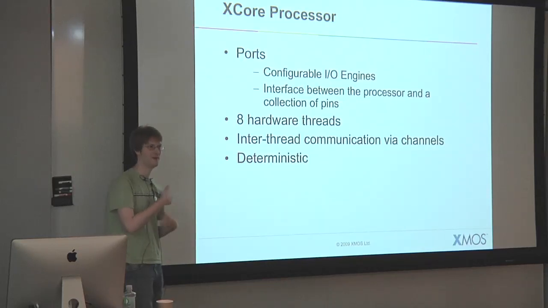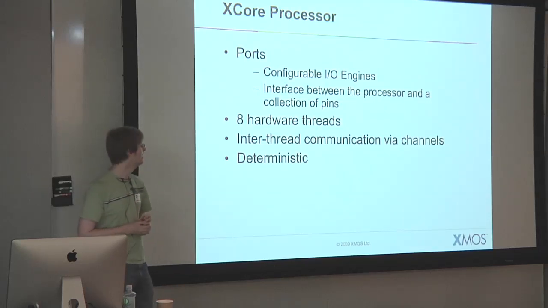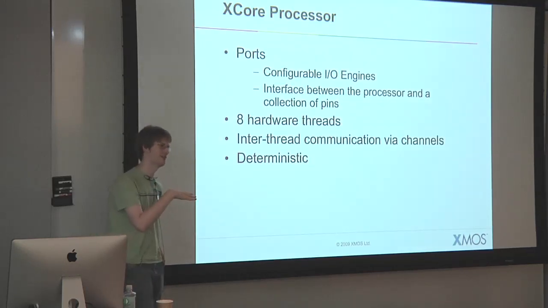So you could have one thread which is constantly doing memory reads and writes, and that won't affect the performance of another thread. There's no caches, so memory access is deterministic, and there's zero penalty branching. So a branch instruction actually fetches its execution, and you can execute code on the next cycle.